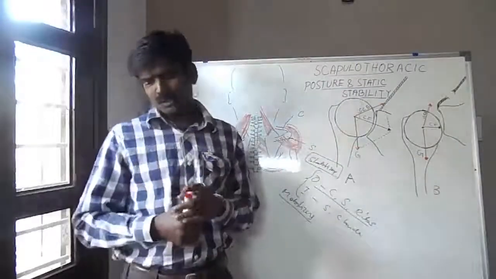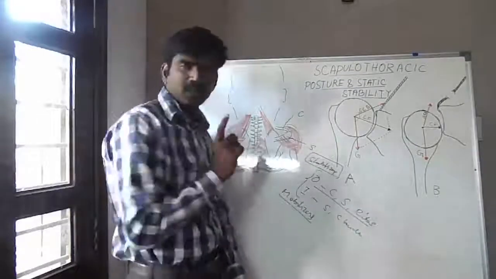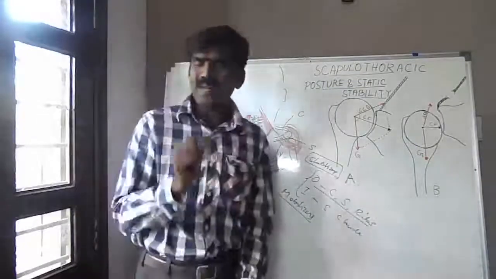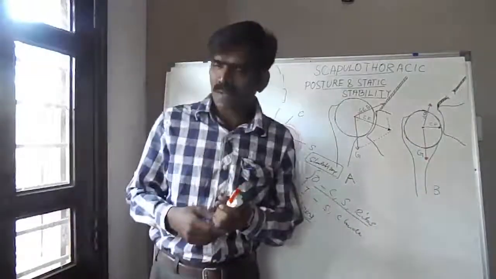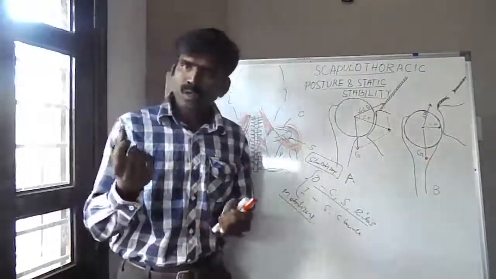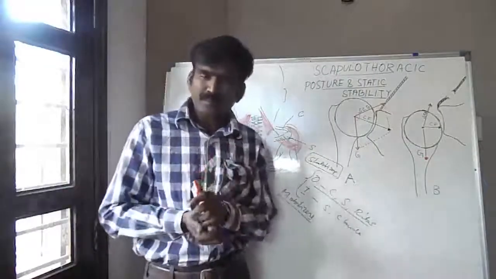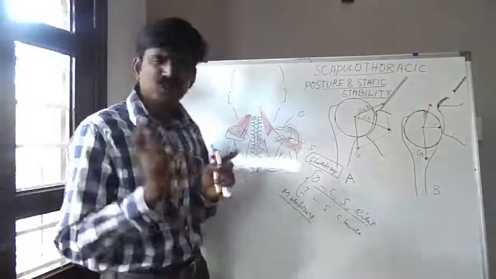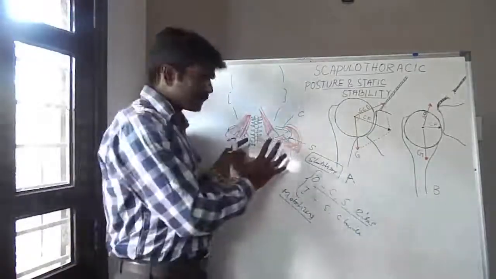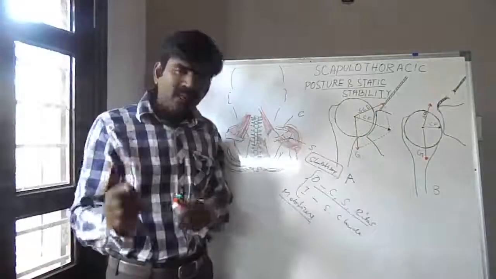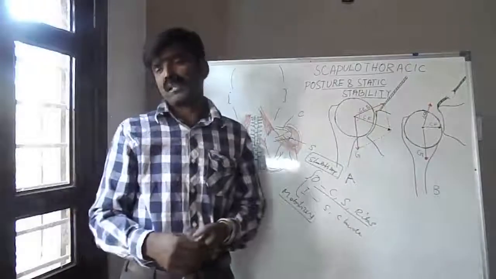So if the serratus anterior or the trapezius are paralyzed, as in spinal accessory nerve palsy, hemiplegia, or muscular dystrophy, or any condition which will paralyze the stabilizers, then the deltoid cannot do its function properly.